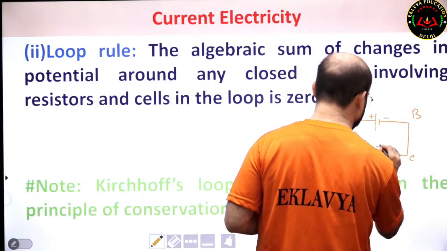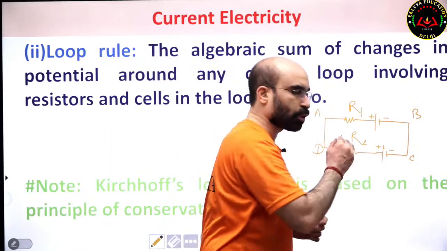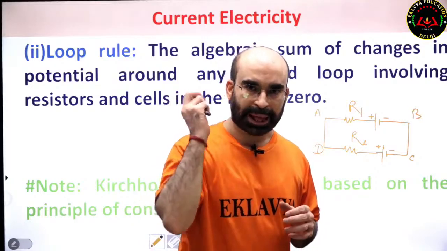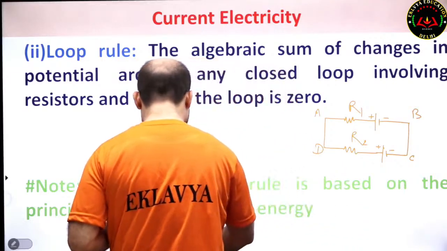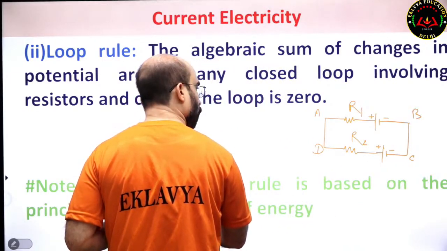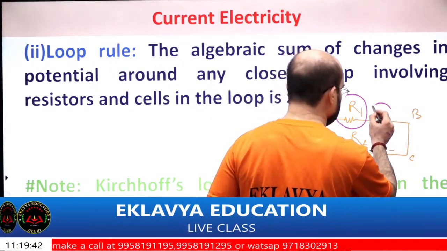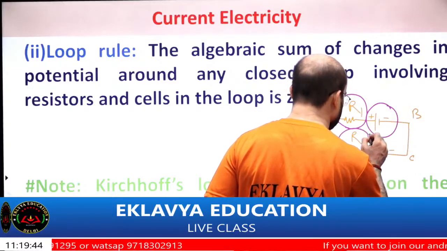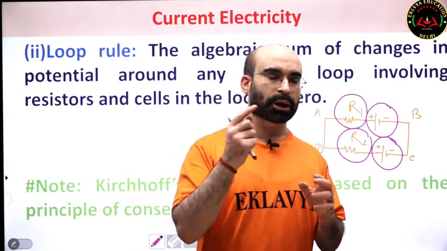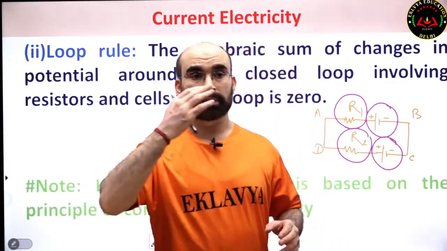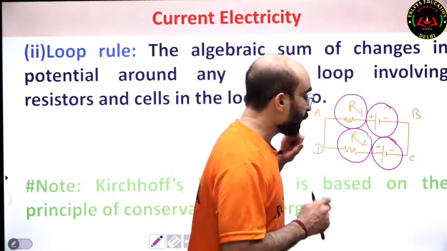As per the statement of the law, inside the closed loop, the algebraic sum of potential differences of all the components, the potential difference across this, across this, across this, plus across this, consisting of cells, resistors, whatsoever, is 0.